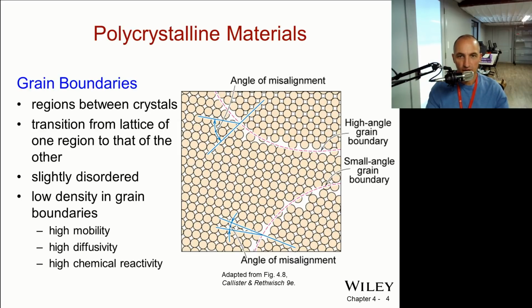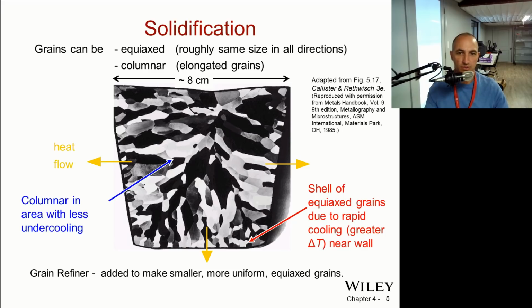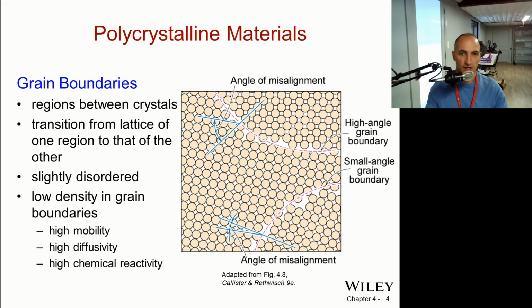So these polycrystalline materials have grain boundaries. A grain boundary is a misalignment in the atomic directions of the two crystals. So the regions between the crystals are the grain boundaries.